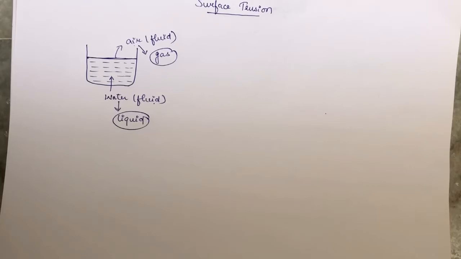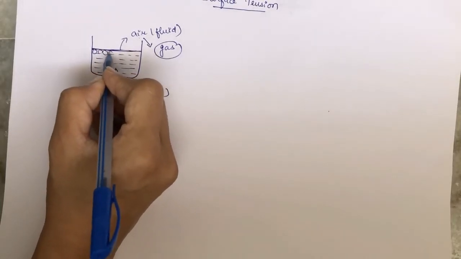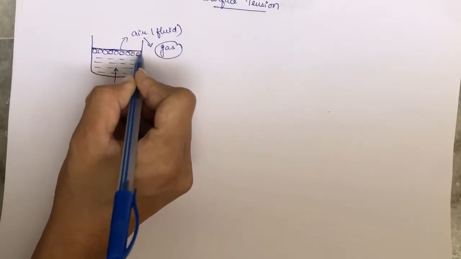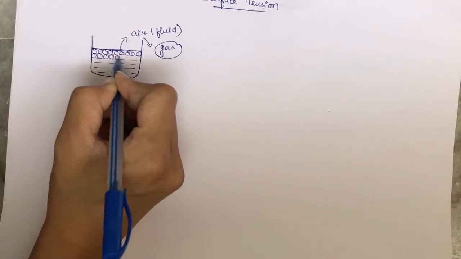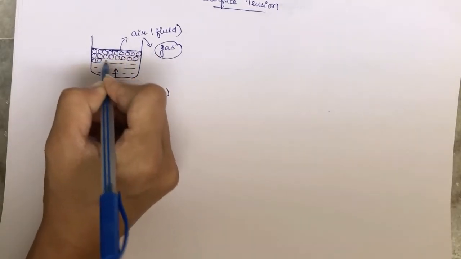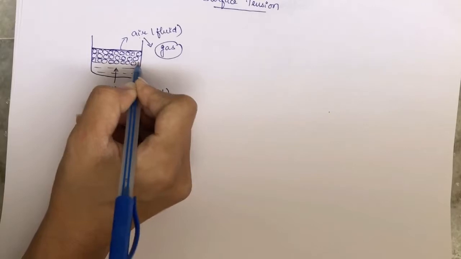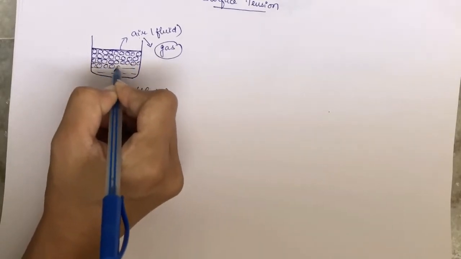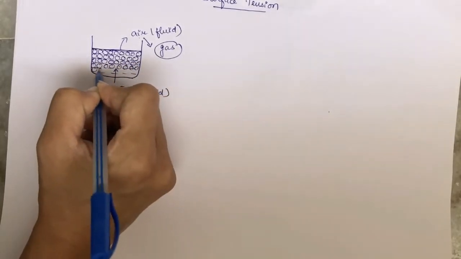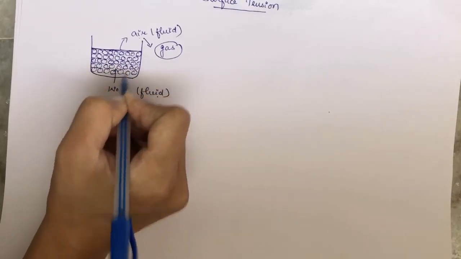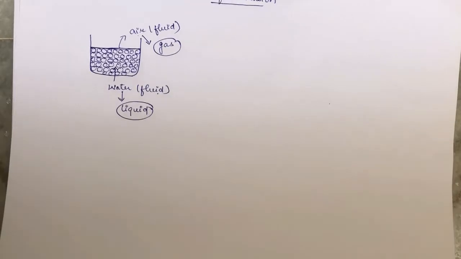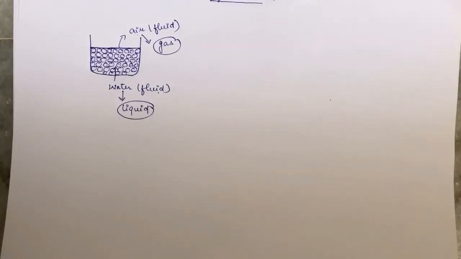Now students, we know that this water is made up of molecules. I am drawing some molecules over here. These molecules are bound together with the help of an intermolecular attractive force. Due to this intermolecular attractive force, the molecules are bound together in a liquid.